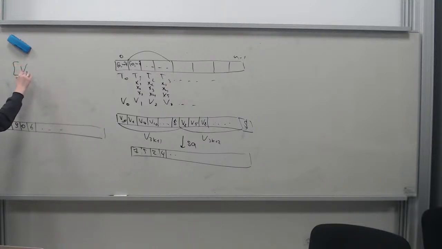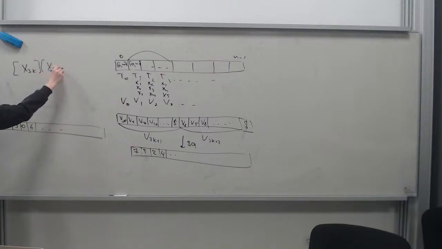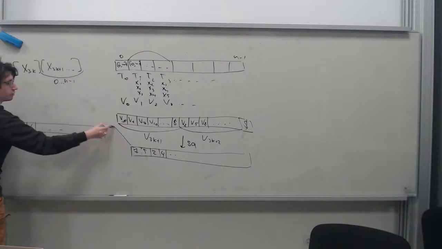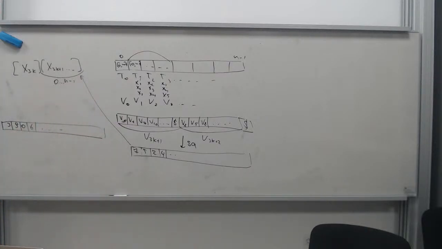It is x3k followed by the suffix starting at x3k plus 1. We know the identifiers of these, their position in the suffix array, which will be from 0 to n minus 1. I get this position from here.